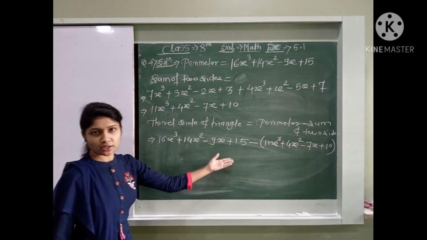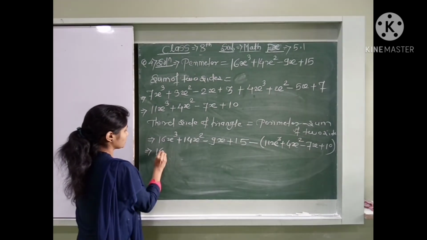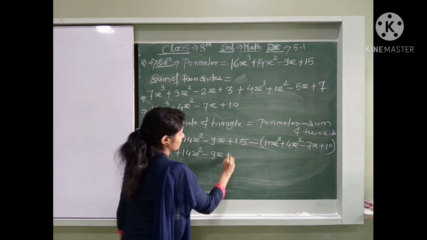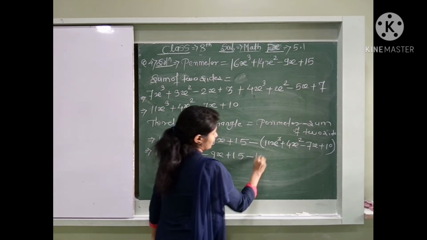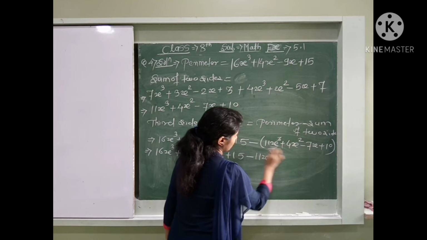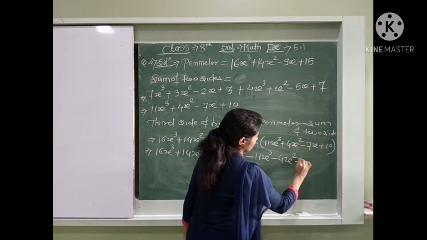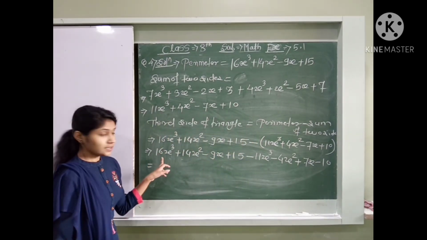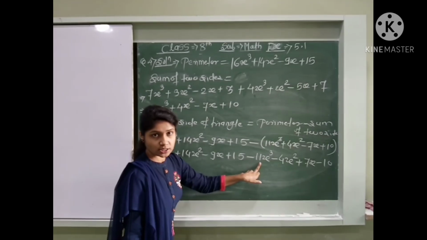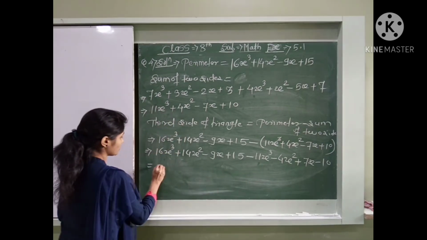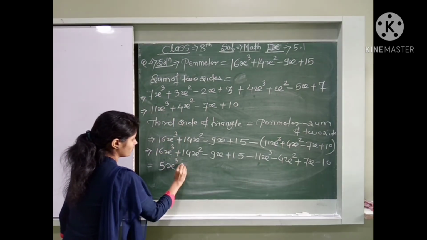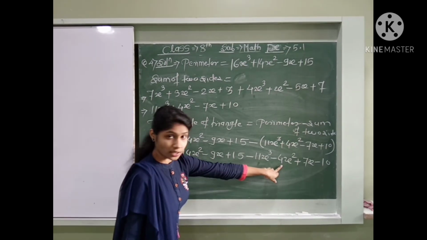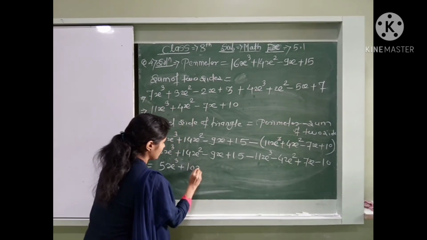Use the method of subtraction and solve. 16x cube plus 14x square minus 9x plus 50, minus 11x cube, minus 4x square, plus 7x, minus 10. 16x cube minus 11x cube is 5x cube. 14x square minus 4x square is 10x square.